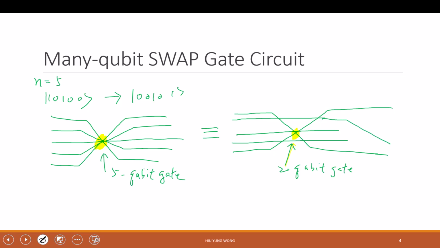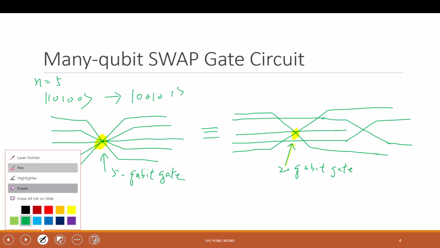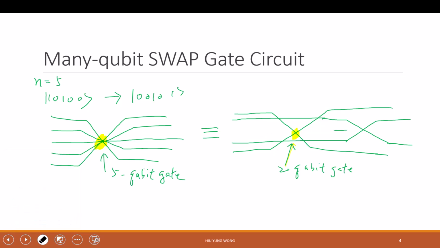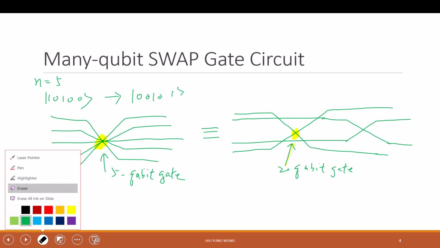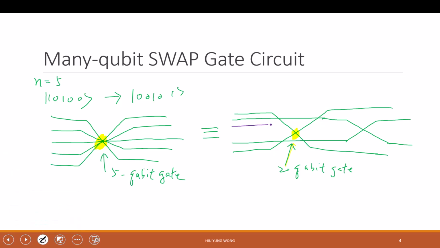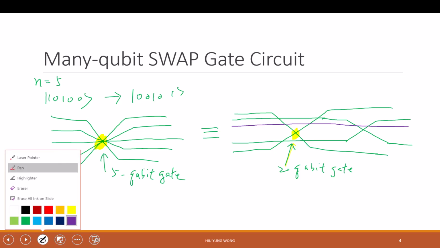And then I apply another swap gate. Maybe I should draw this using another color, not to get you confused. So that clearly shows that this is a 2-qubit gate.